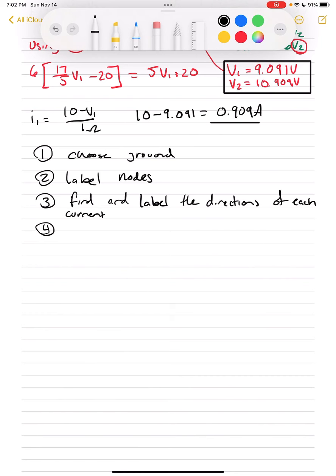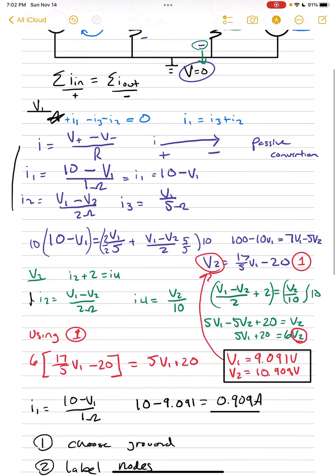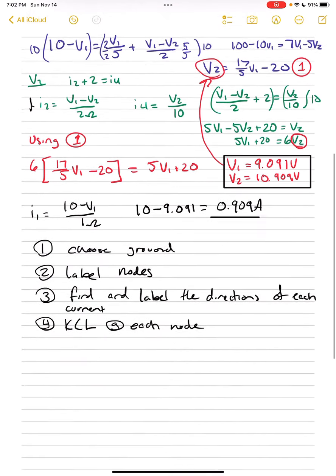And then after that, you're going to apply Kirchhoff's current law, KCL, at each node. And that's what we did here. At this part right here, we applied it. And then using this formula right here, we could find what the currents actually were and then relate that back to terms of our nodes, right?